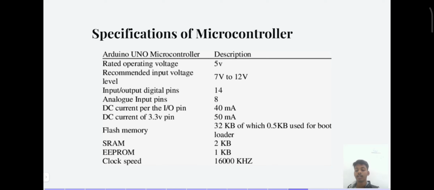DC current of the 3.3 volt pin is 50 milliampere. Flash memory of 32 KB, SRAM, static RAM, of 2 KB, EEPROM of 1 KB, clock speed of 16,000 kilohertz.